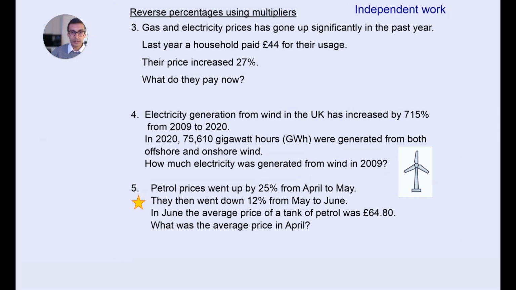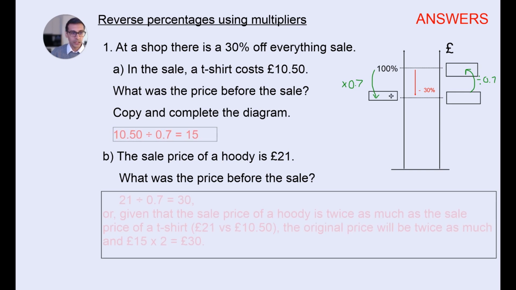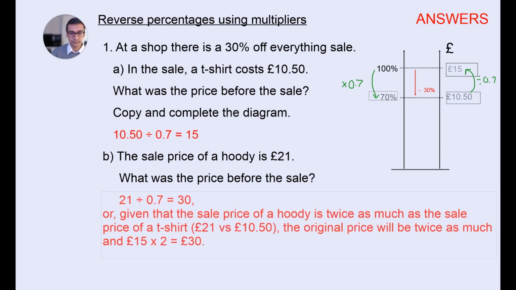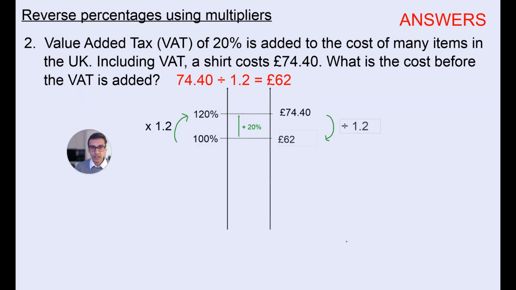Okay, so here are the answers. For question 1, you should have got the following. Mark your work. For question 2, you should have got the following here. So your decimal multiplier is 1.2.